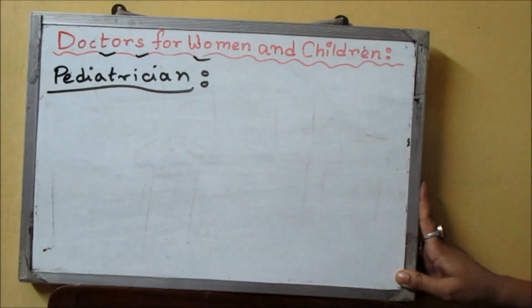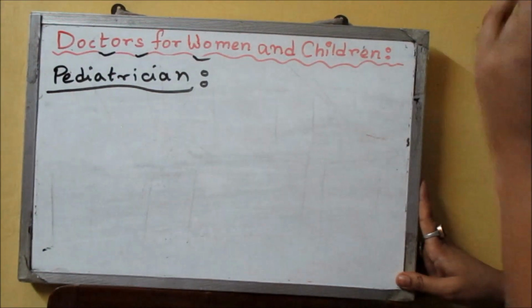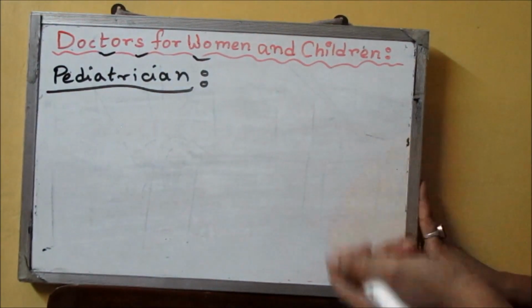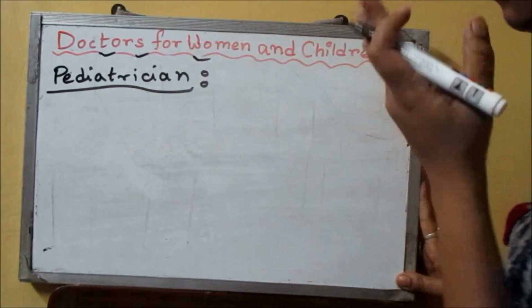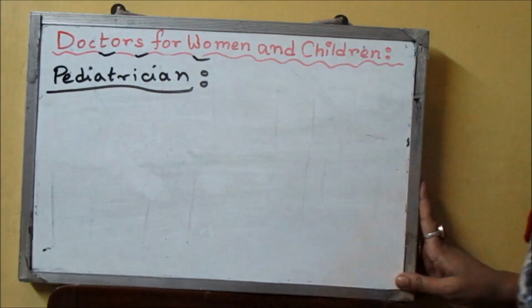The word pediatrician has its origin in Greece. It is basically a Greek-Latin word. This word can be broken down into three parts for a better understanding.